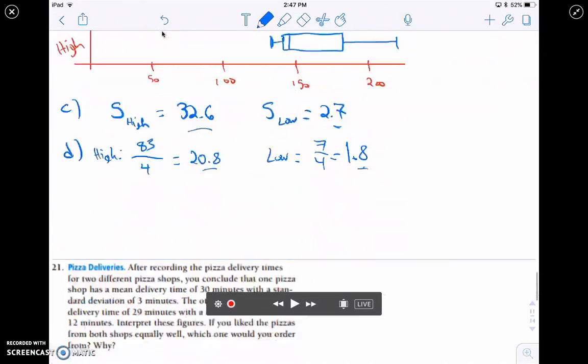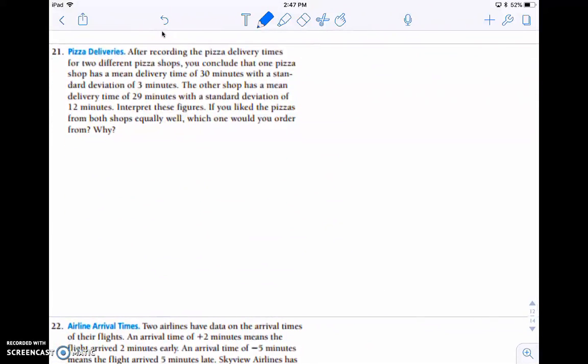Okay, so let's look at this next one. We're looking at pizza deliveries. So after recording the pizza delivery times for 2 different pizza shops, you conclude that one pizza shop has a mean delivery time of 30 minutes. So the abbreviation for mean is what we call X bar.